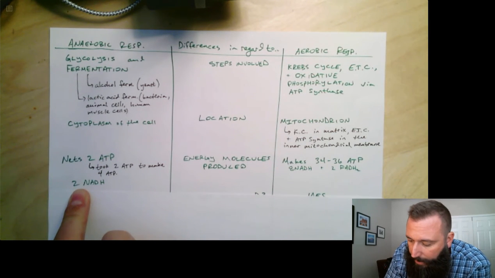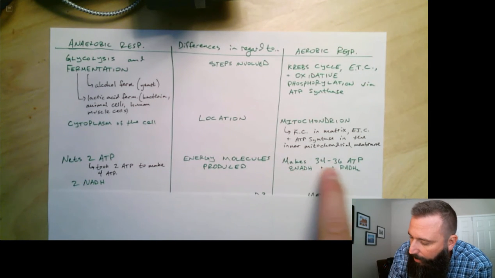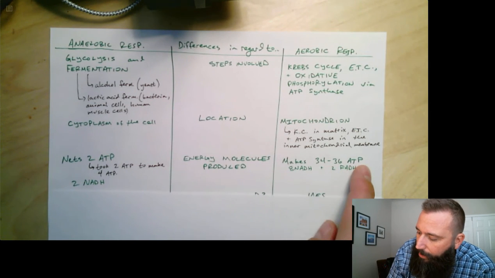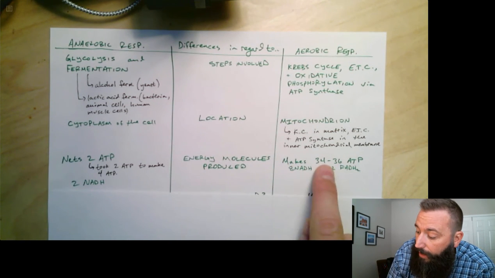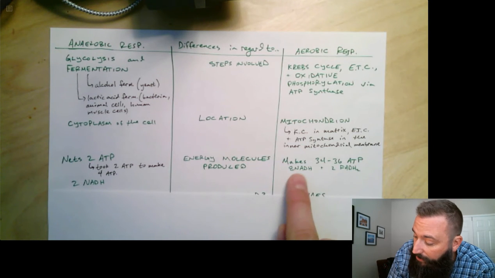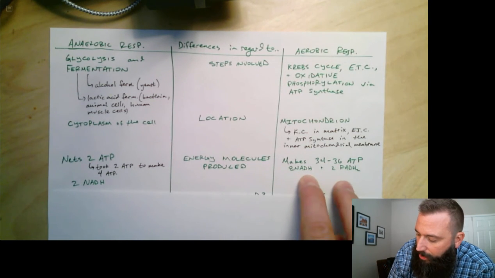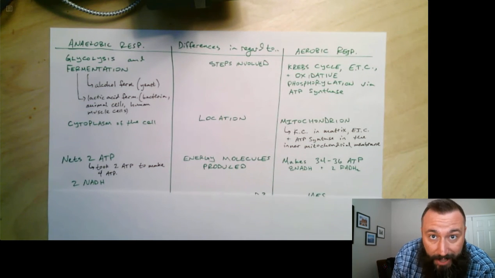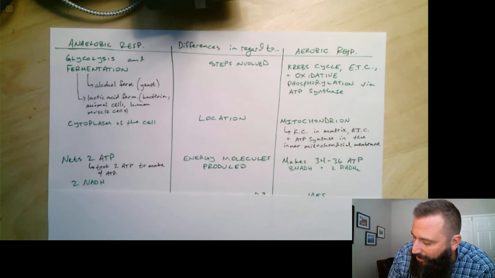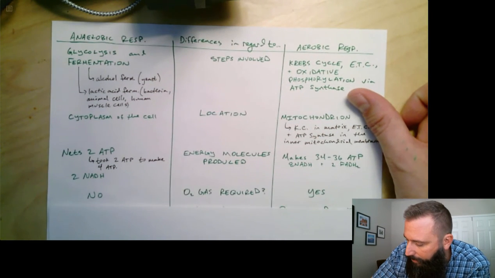A couple NADH molecules too are produced during this process, compared to the amount of ATP energy produced during aerobic respiration. If oxygen's present, then as we fully oxidize glucose, we'll make upwards of 36 ATP. We'll make some NADH and some FADH2 energy molecules as well. These energy molecules hold those electrons. They pass those electrons to the electron transport chain proteins in the process of making lots of ATP.